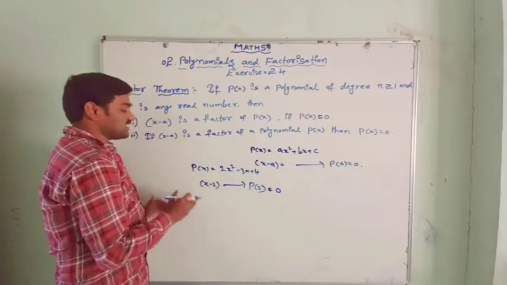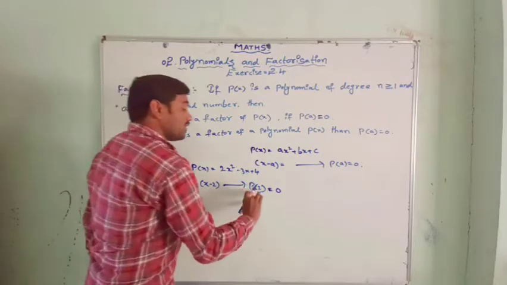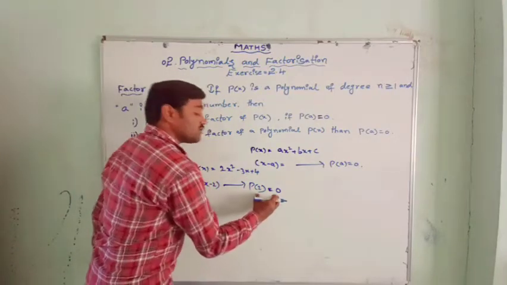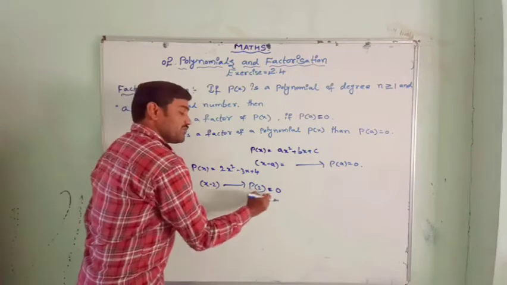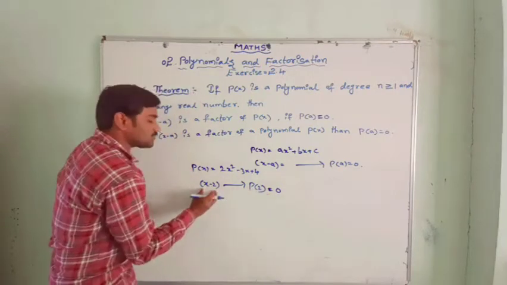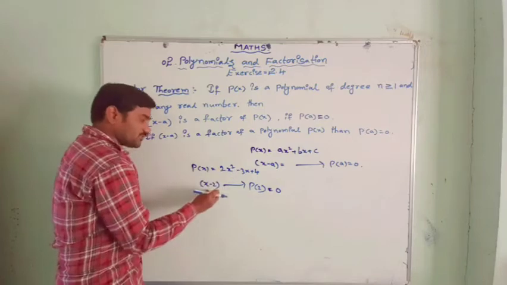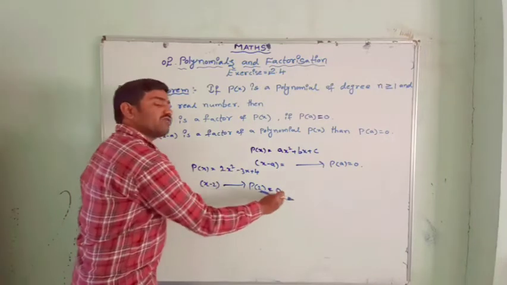Now the second condition: if p of 2 equals 0, then x minus 2 is a factor. If x minus 2 is a factor, definitely we will get p of 2 equal to 0.